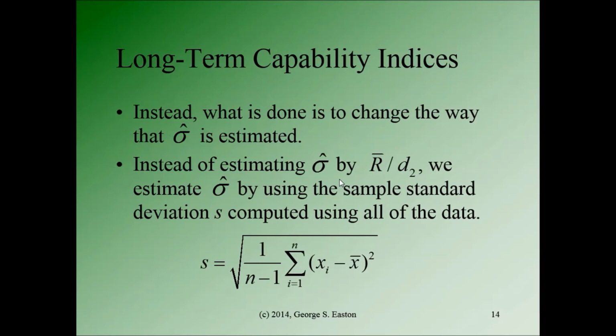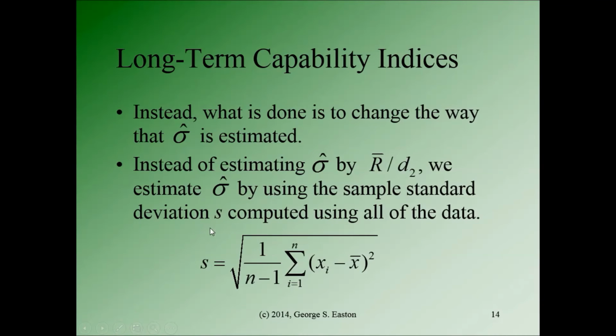Well, what we do is change the way we estimate the sigma hat. And in particular, instead of estimating sigma hat by R bar over D2, we estimate the sigma hat by using the regular sample standard deviation S, computed using all of the data.